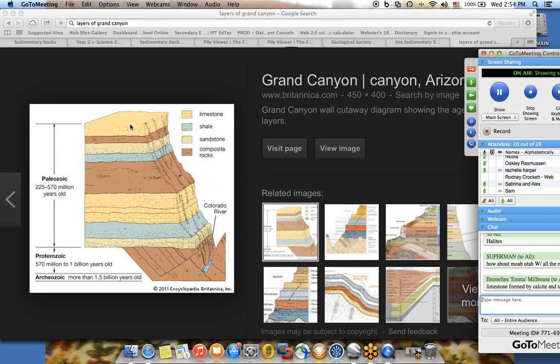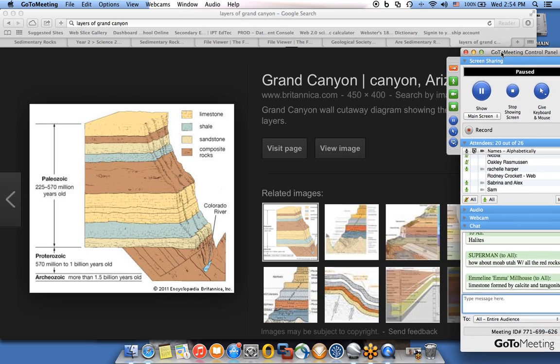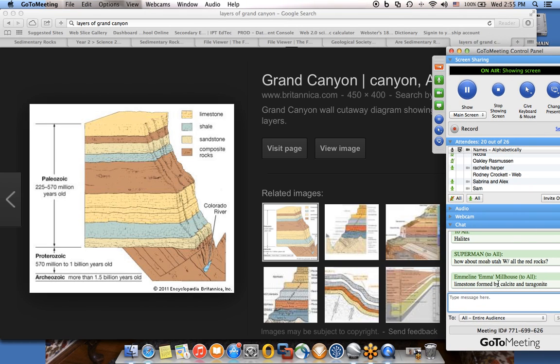So see, the thickness of that shows the amount of time that all that had to form. Okay, so this was a long, long time of all this area being underwater. Okay. Emma says limestone is formed by calcite and aragonite. Excellent. So it's organic type of sedimentary rock.